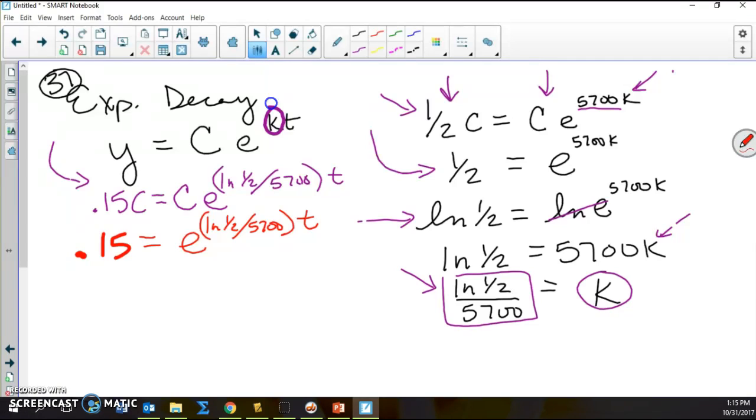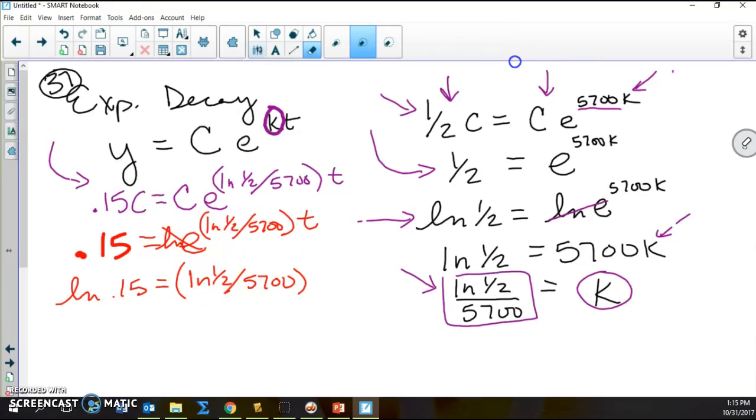And then the same step we've been doing, we take the natural log of both sides. Natural log of 15/100 is equal to natural log of 1/2 divided by 5,700. I skipped that step there: taking the natural log, the e cancels out. We're left with the exponent times t.